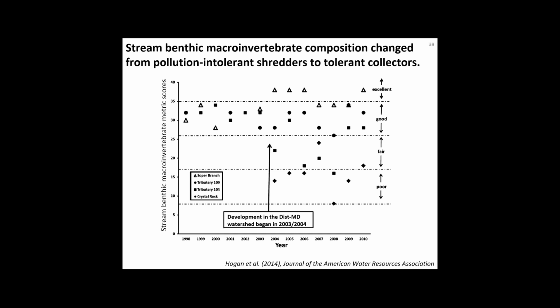You could look at trying to link changes in hydrology and water quality to something like the IBI score, but it's a very complicated story to try to tease apart. But we're lucky that we do have these reference watersheds, including the forested one and the urban watershed with centralized stormwater management, which is Crystal Rock, labeled on this figure.